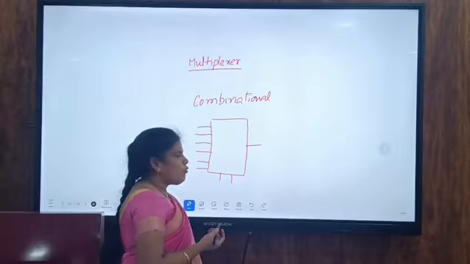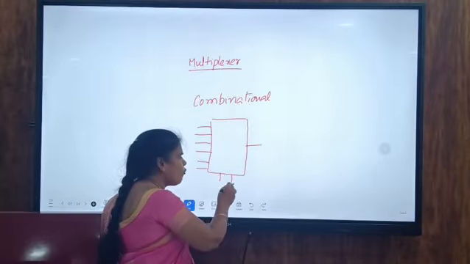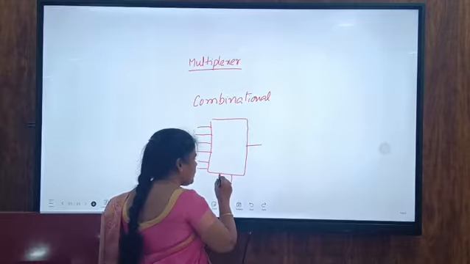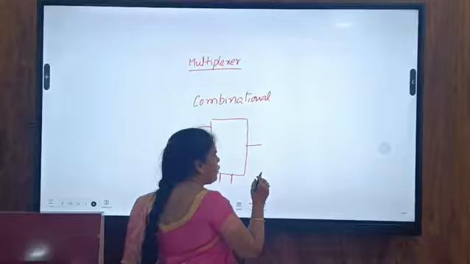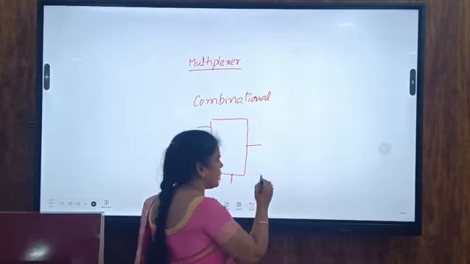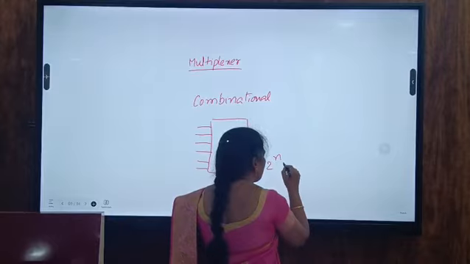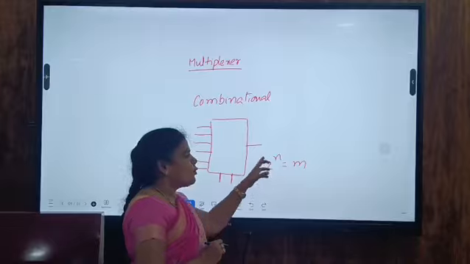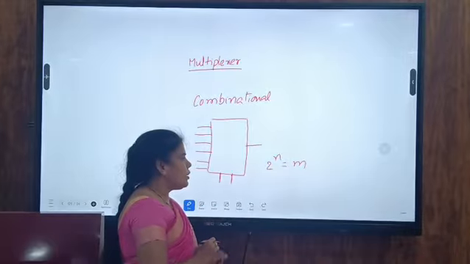There are a number of multiplexers available. How do we select one particular input? That is based on the selection lines only. The relation between the selection lines and input lines is 2 power n equal to m, where n is the number of selection lines and 2 power n is the number of input lines.